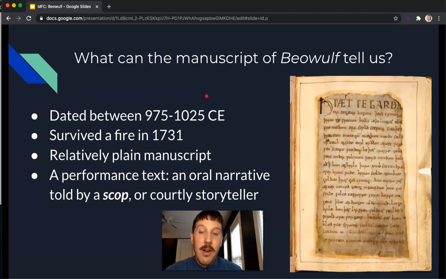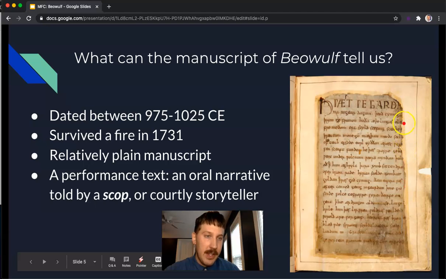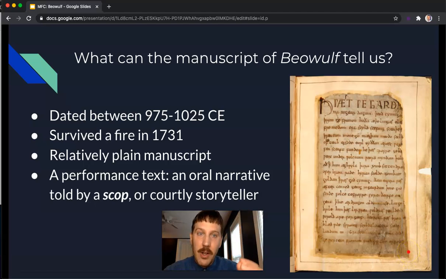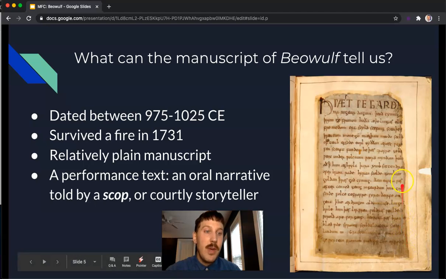It survived a fire in 1731, so you can notice just how singed the edges of this page is, and how it actually cuts off some of the words themselves because the fire got that close. So we've lost crucial parts of this manuscript as well because of that fire.